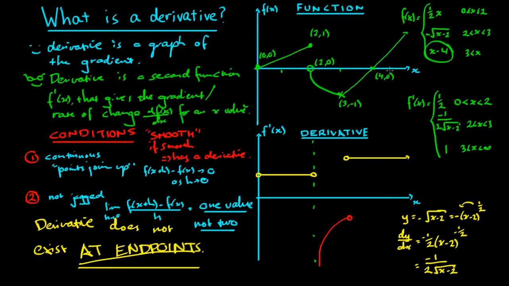So having used our common sense on this function up here, we sort of knew what the derivative was going to look like, and then by using the formal laws of derivation, we find out exactly what the rules are for this derivative. Now let's look at exactly why I put an open circle first of all here and then second of all down here. So the first condition I have to the left, is it continuous?